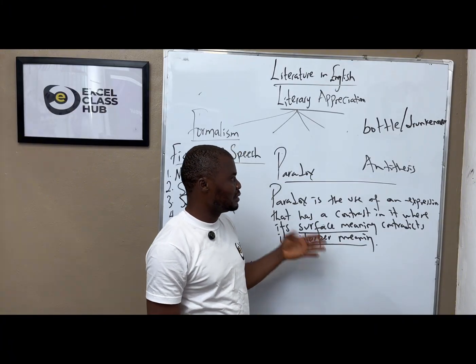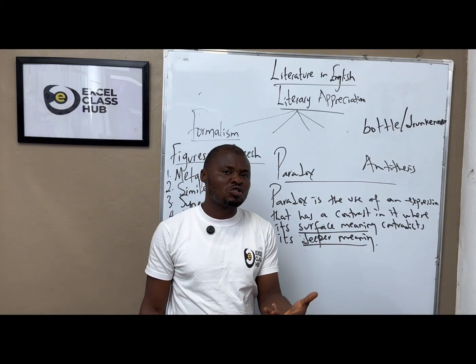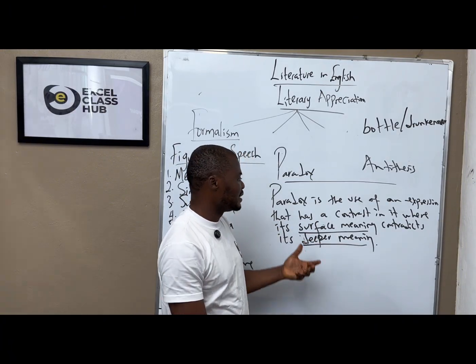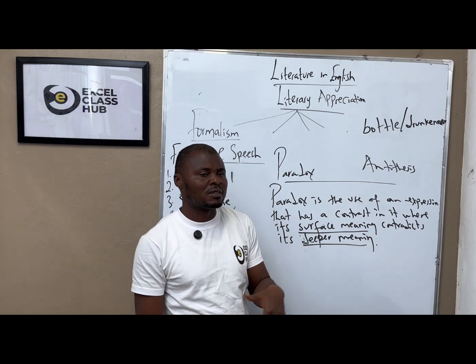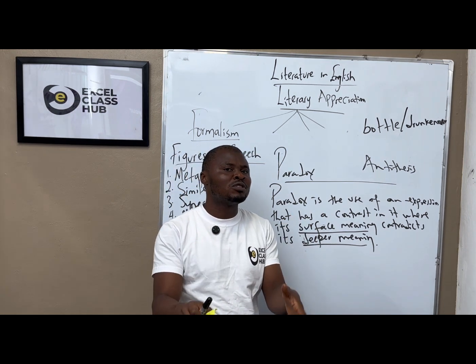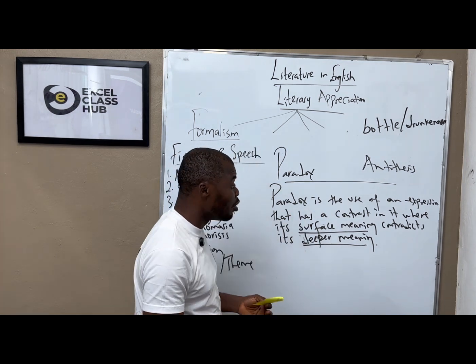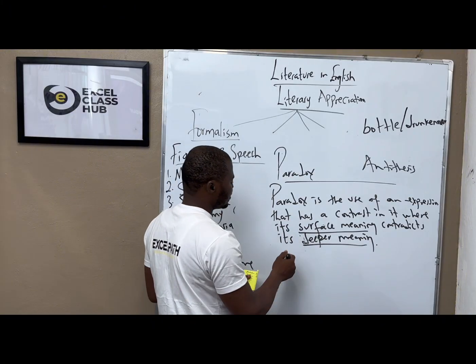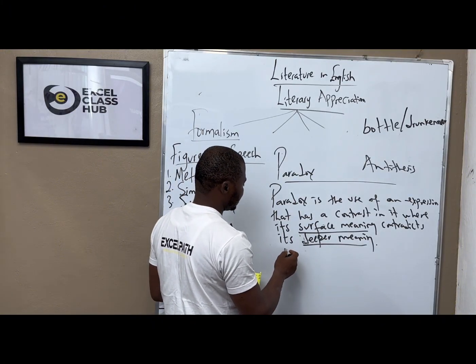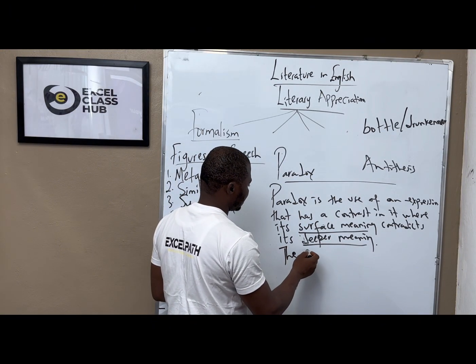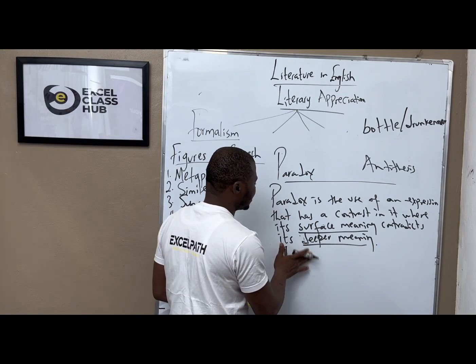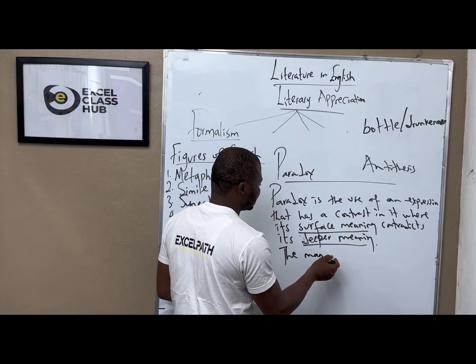A surface meaning is what anybody can easily assume, oh, this is what it means. Then it has something deeper. If you have to go further into it, you'll find out that there's more to it. There's an example that says, the child is father of the man.